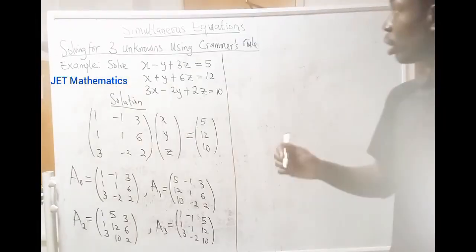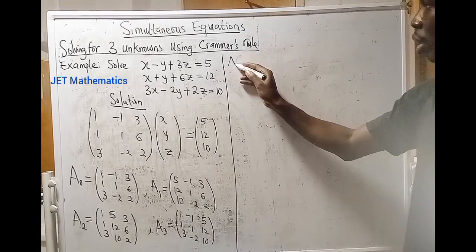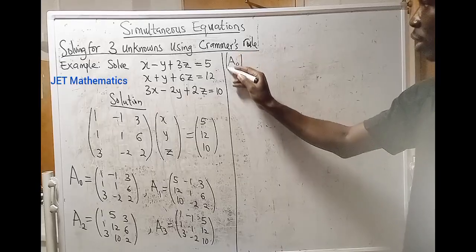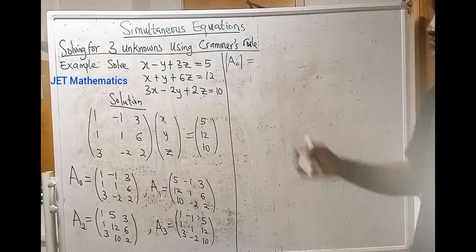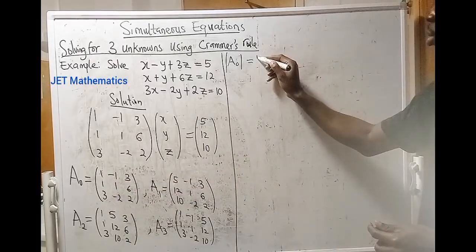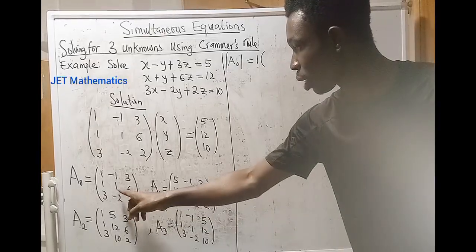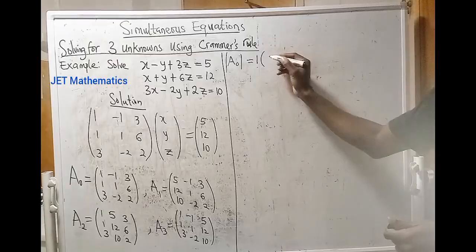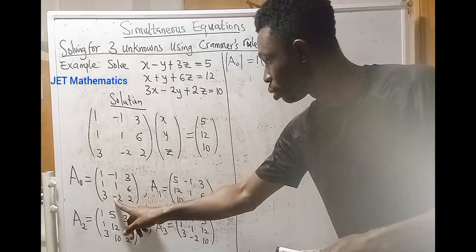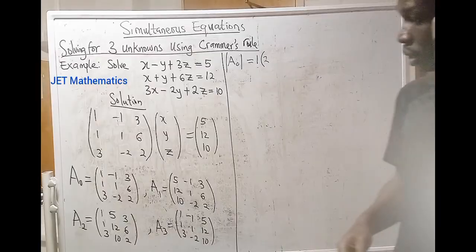Okay, so quickly we'll get for A0, the determinant of A0 is equals to, we take this number here, 1, and then 2 times 1 is 2, minus 2 times 6 is 12.